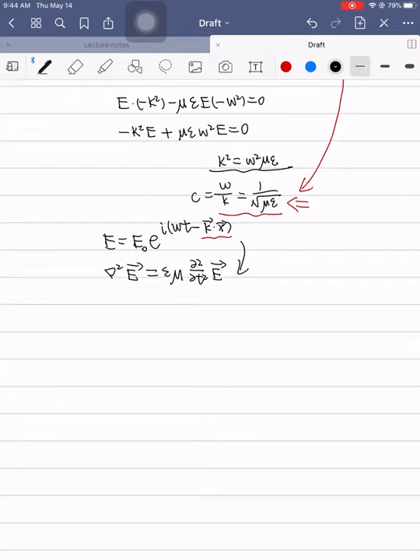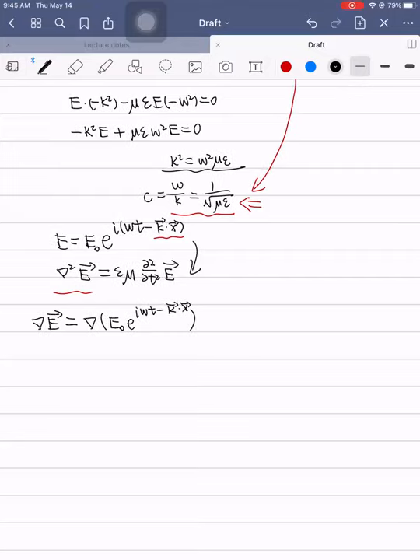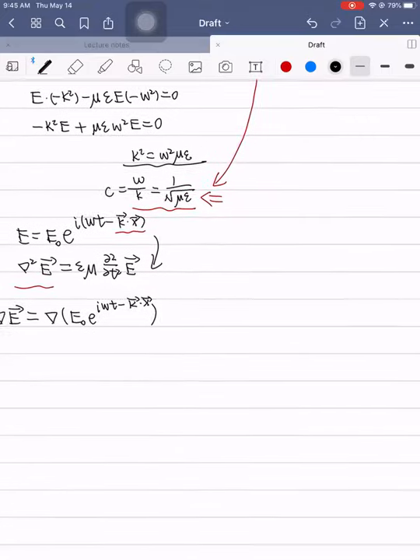Let's calculate the left-hand side together, like how to take this divergence of the electric field.